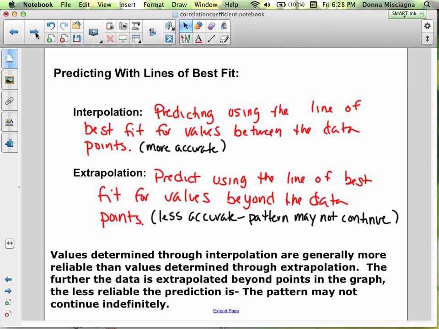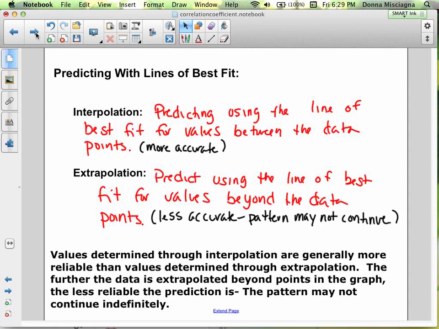So if we were to use an equation that used your height and ages when you were between the ages of 0 and 12, and then try to predict your height when you're 70, we would get a pretty silly answer. We'd probably get an answer that you're going to be about 12 feet tall. And that would be ridiculous because you're not going to keep growing. That's the problem with extrapolation, the pattern may not continue forever. So we have to be careful when we use extrapolation.